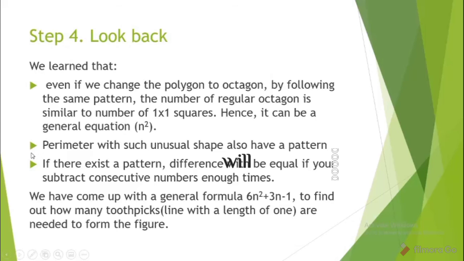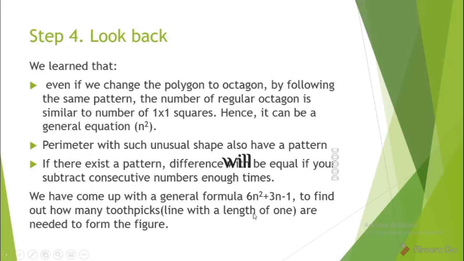And if there exists a pattern, the difference will be equal if you subtract consecutive numbers enough times. Ayan. So we have come up with a general formula, 6n squared plus 3n minus 1, to find how many toothpicks with a length of 1 are needed to form the figure.